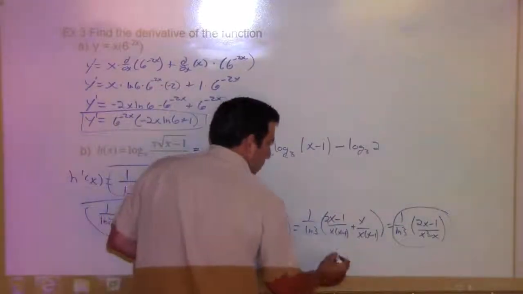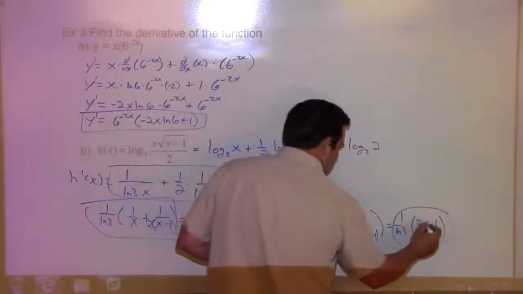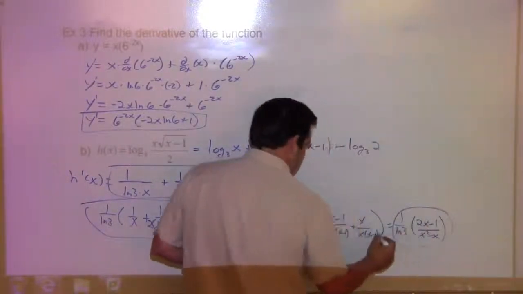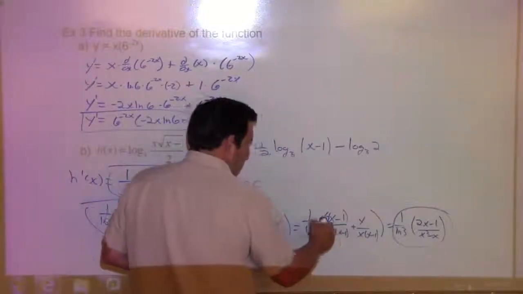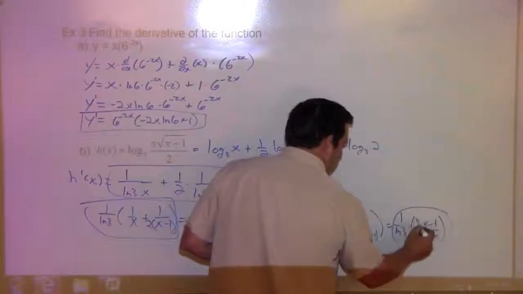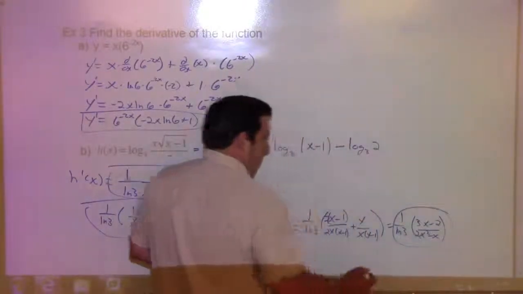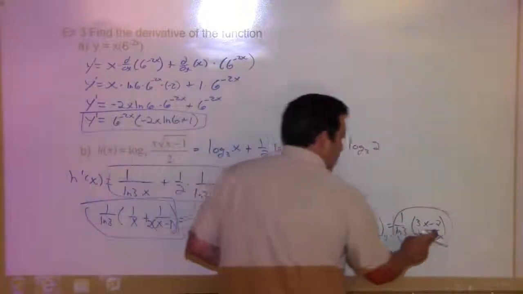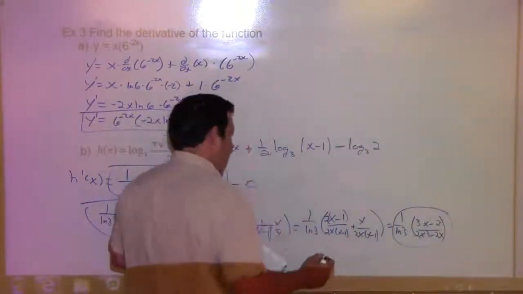It's 2 up there. So it'd be 2x, so it becomes 3x on top minus 2 over 2x squared minus 2x. Okay, I think I got it all covered now.